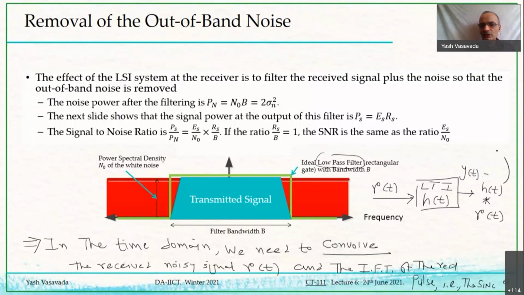And this h of t is to be a SINC pulse. And that is called the ideal low pass filter. It will remove all of this noise which is outside of the band.